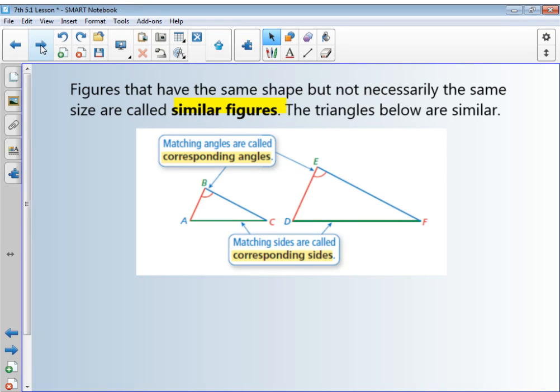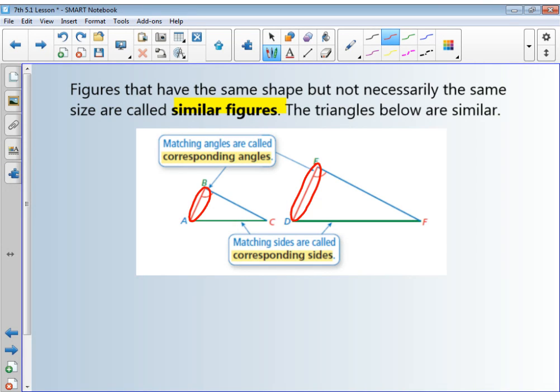So we're going to discuss a little bit about corresponding sides and corresponding angles. Corresponding sides are sides that are the same on the first figure versus the second figure. You'll notice here that these two red sides correspond to each other. They're the same side on each of those two figures.